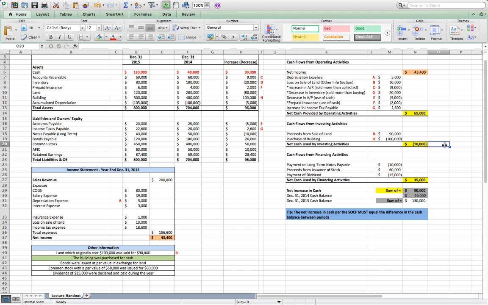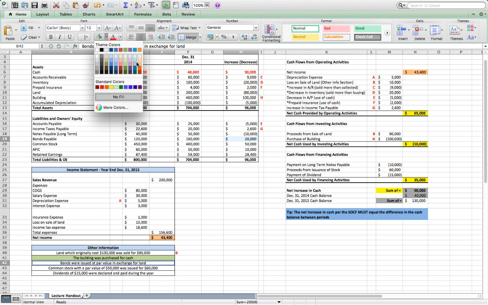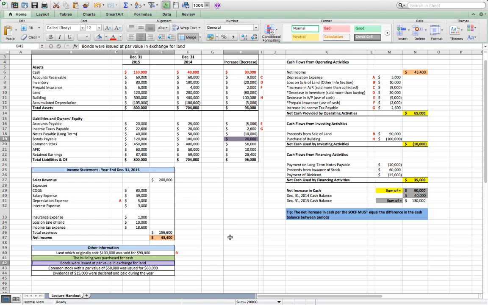The only other one I would note, and this also ties in with some examples of financing activities, is the bonds that were issued at par in exchange for land. As you can see up here, there's a change in the bonds payable account of $20,000. That is not represented in the statement of cash flows, because the bonds were issued at par in exchange for the land.